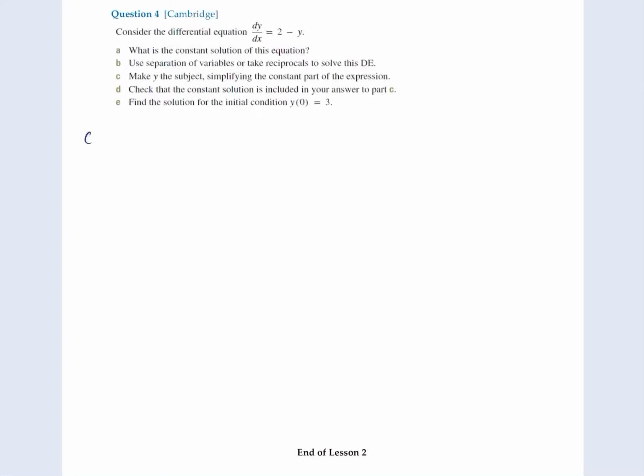So A, what is the constant solution of this equation? Well, it's y equals 2, because that produces left-hand side equals 0, right-hand side equals 0 for different reasons: 2 minus 2 is 0 on the right, and dy/dx is 0 on the left. So that's the constant solution.